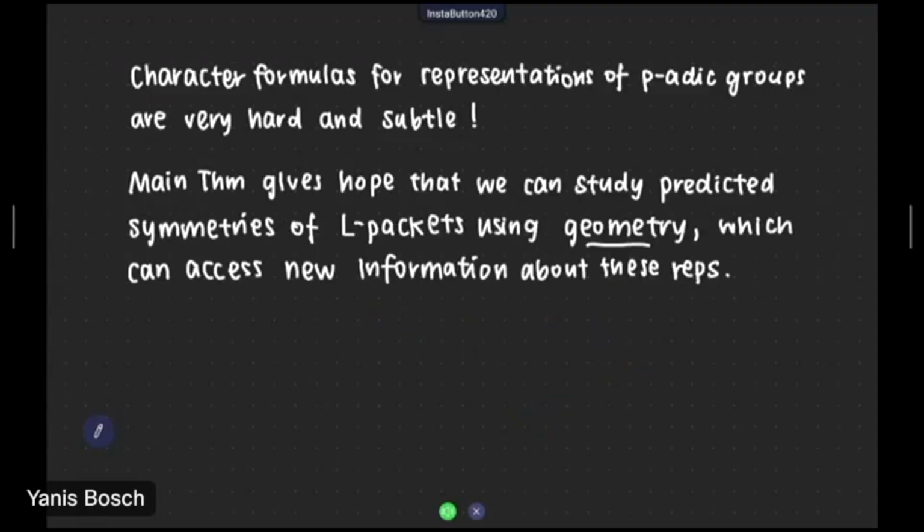So let me just read this here. In general, character formulas for representations of p-adic groups are super hard and super subtle. If you've ever opened up such a paper, you'll note it can take one whole page to state the theorem.